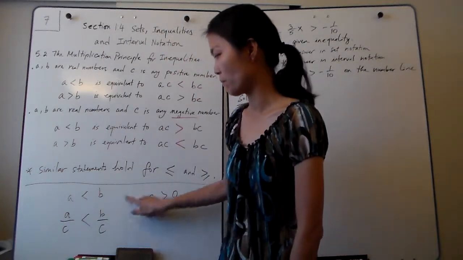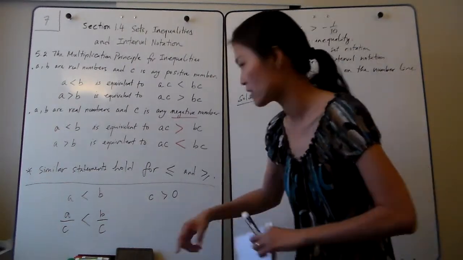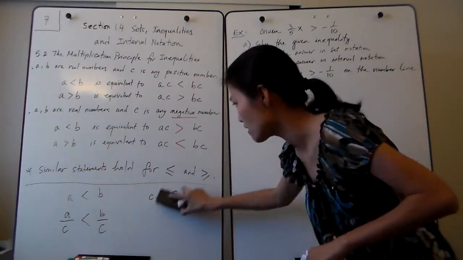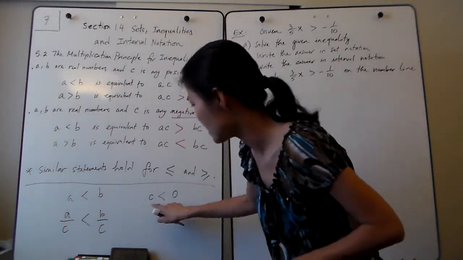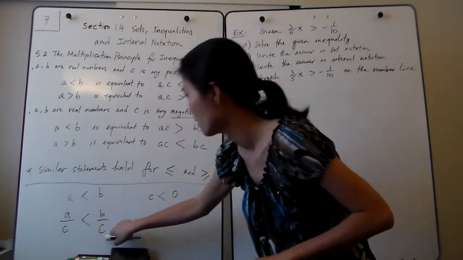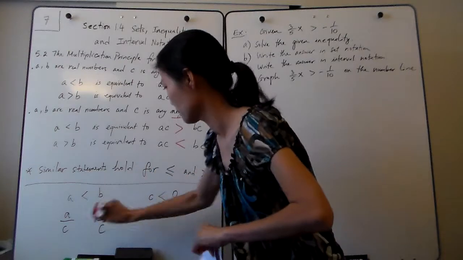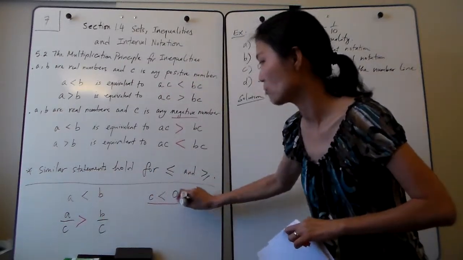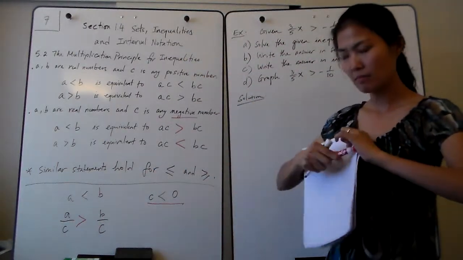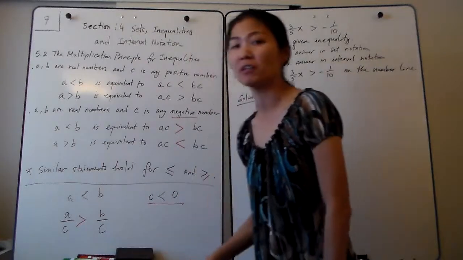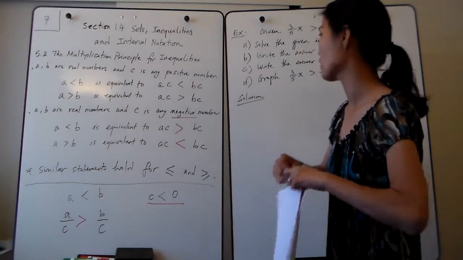And what happens if C is negative? If you divide by a negative C on both sides, make sure you reverse the sign. If you don't, it's not going to be an equivalent inequality, and it's not true.